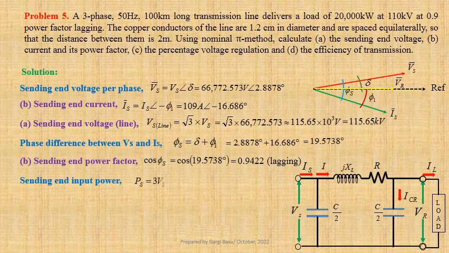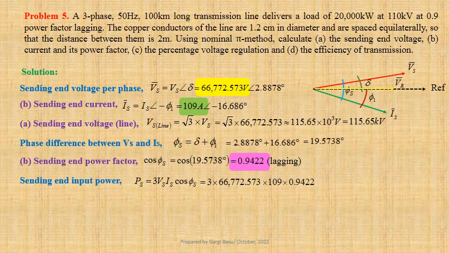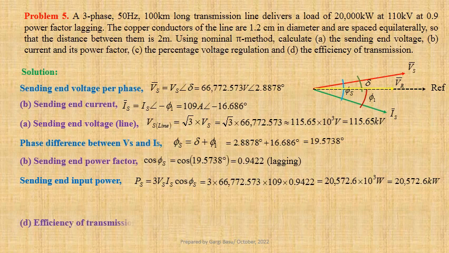Now we shall compute sending end input power. Ps equals 3 times Vs into Is cos phi s. Using values we get 3 into 66,772.573 into 109 into 0.9422, that gives us 20,572.6 into 10 to the power 3 watt, or 20,572.6 kilowatt. Now we shall calculate efficiency of transmission.